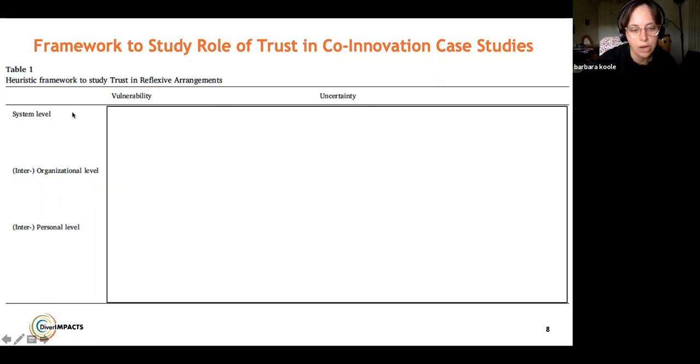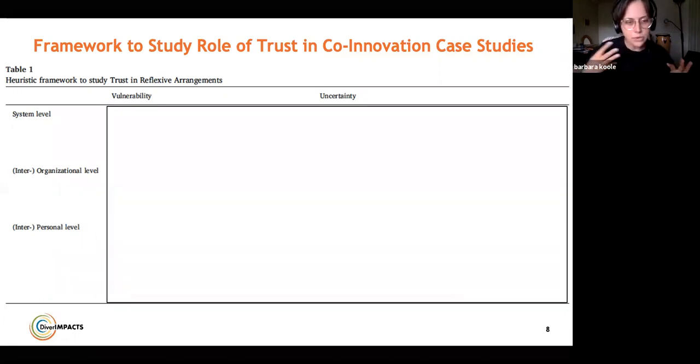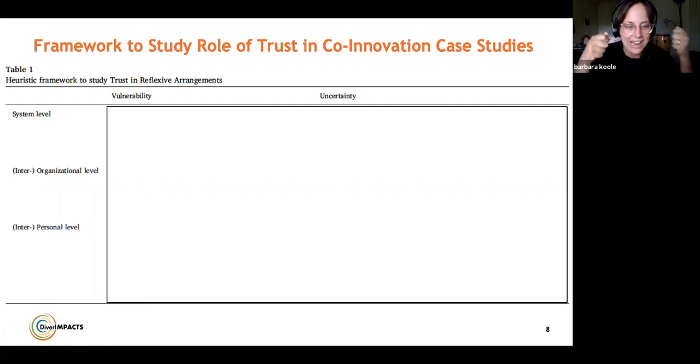This is not to say that these are not influencing each other, because they're actually influencing each other a lot. But it allows me in the research to make this separation and to see where do I look for trust and to not confuse different dynamics with each other. So it's more kind of a lens to look through that assists in how can I actually understand this context.